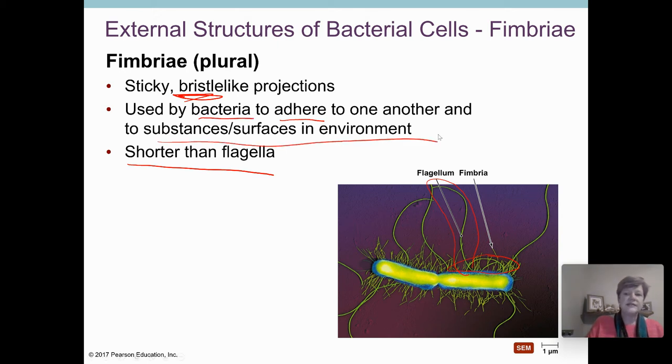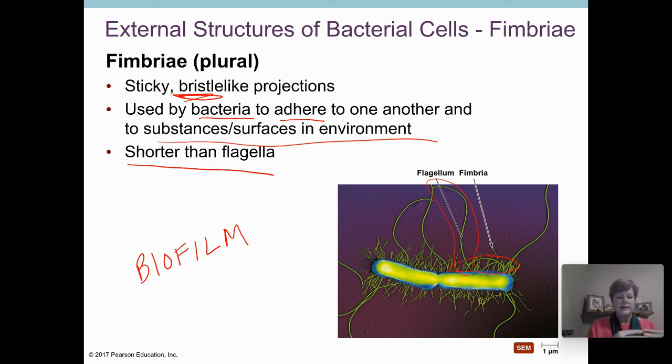When bacteria attach to surfaces, this is an important consideration because when bacteria attach to surfaces and to each other, they can form what's called a biofilm. A biofilm is a growth of usually multiple species of bacteria on some kind of surface.